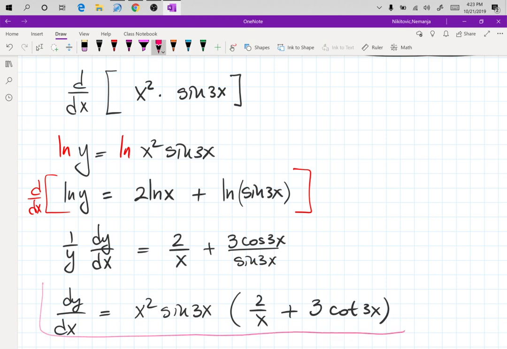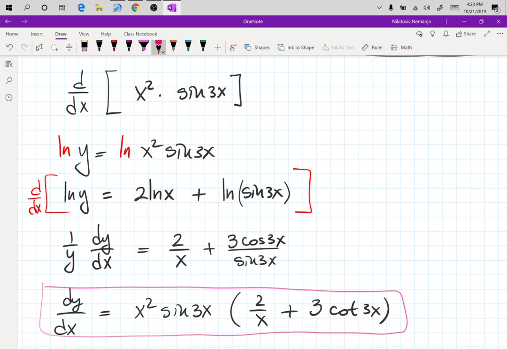Did we use product rule? No. We did not use product rule at all. Now, if you paid attention between the two methods, you notice that this deal of 1 over y is recurring, right?